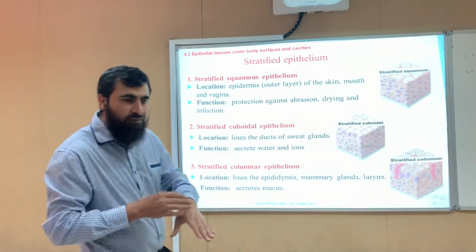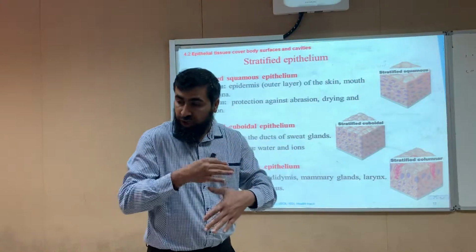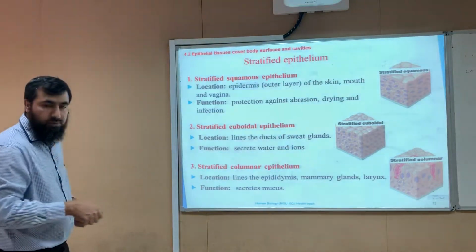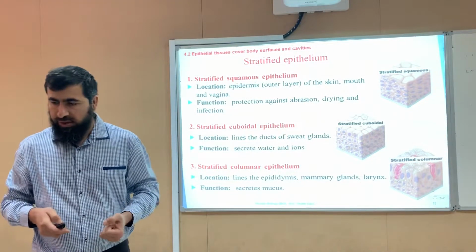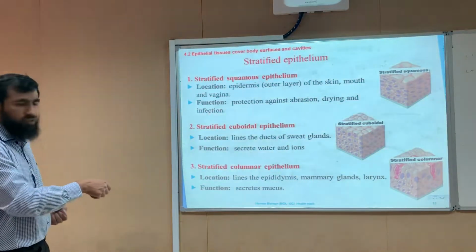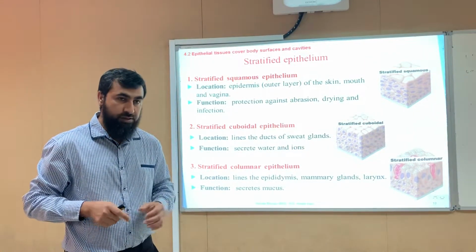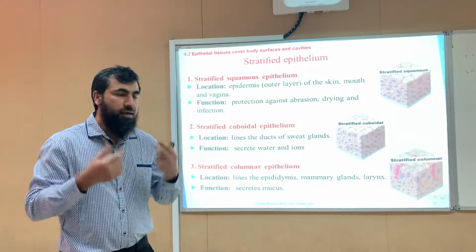If you didn't have the skin, you would lose lots of moisture. You would dehydrate, okay? What does moisture mean? Moisture is water, okay? And infection. Obviously, the skin is a very important first line of defense, as is the mouth.